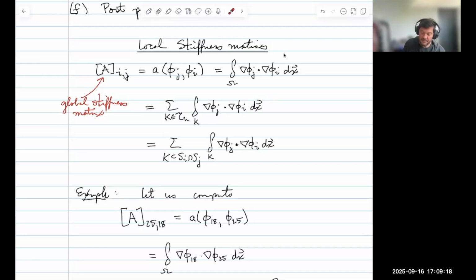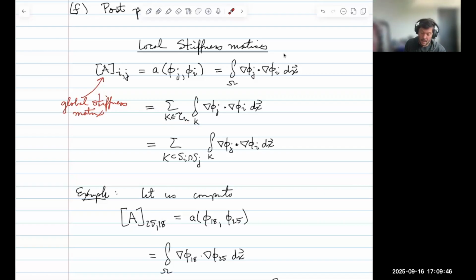So let's first think about writing this in a slightly different form. How could I rewrite this integral? Well, I can use the fact that for Lebesgue integration, I can write this as a sum of integrals over subdomains. In particular, the sum of integrals over each triangle for all triangles in the mesh.